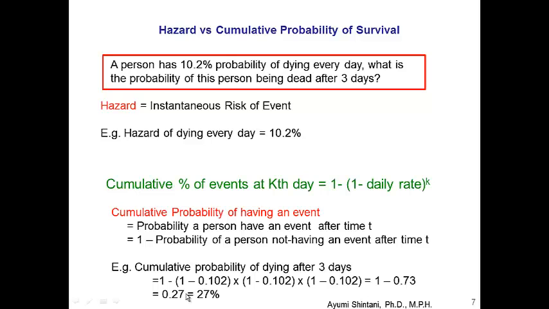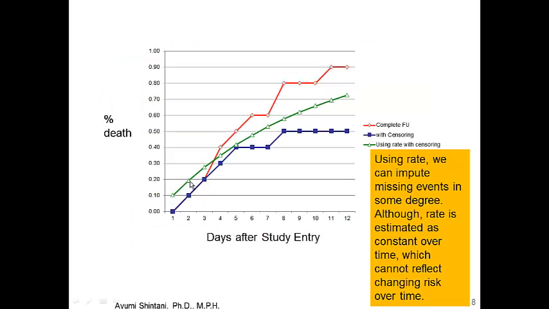So for day 1, you do 1 minus 0.898, and you plot the probability here. And then for day 2, you do 1 minus 0.898 to the power of 2, and you plot that value here. And for day 3, the cumulative probability of death is 1 minus 0.898 to the power of 3, and day 4 to the power of 4, and day 5 to the power of 5.